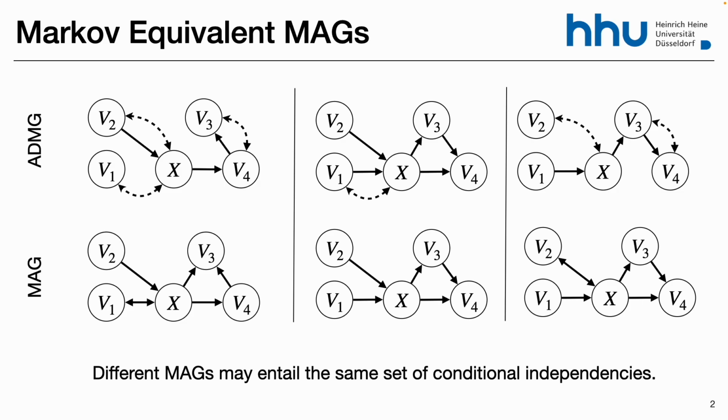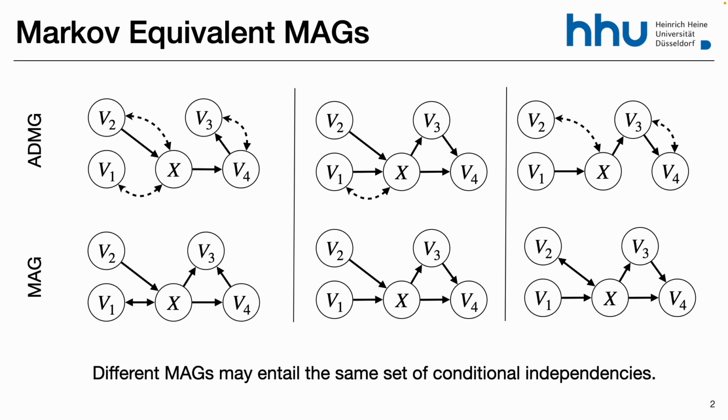So the maximal ancestral graph represents all the ADMGs such that every edge is an inducing path in the ADMG. An inducing path, the simplest one, is an edge, right? So if you apply the procedure between X and V3, here we don't have an edge in the ADMG, but that is an inducing path that makes this edge be in the MAG. And then you orient the edge by following ancestrality.